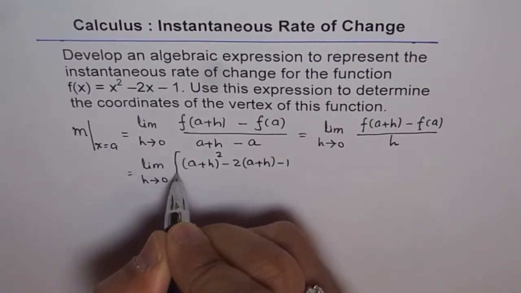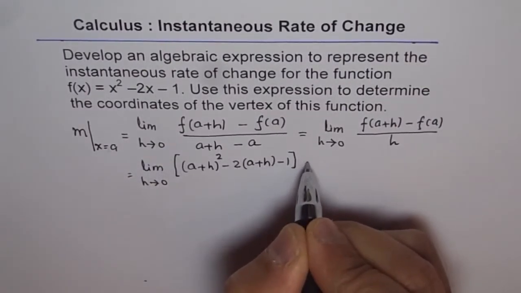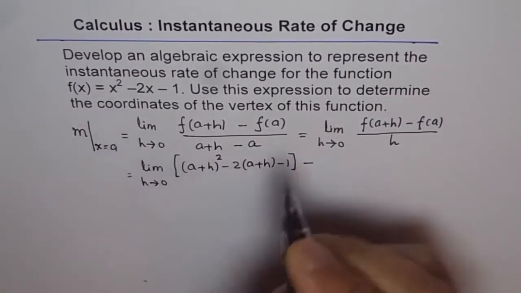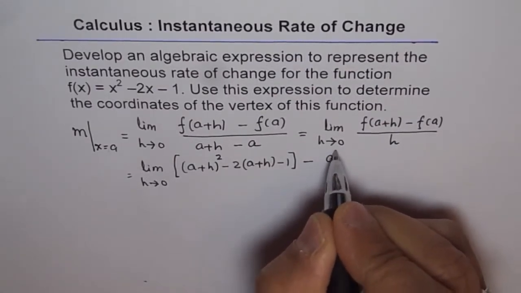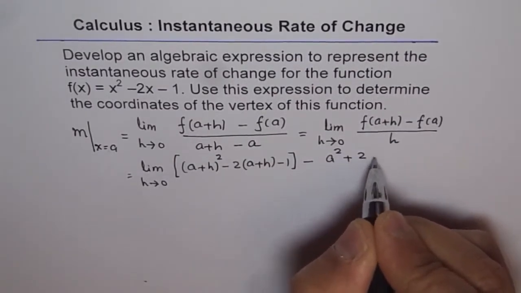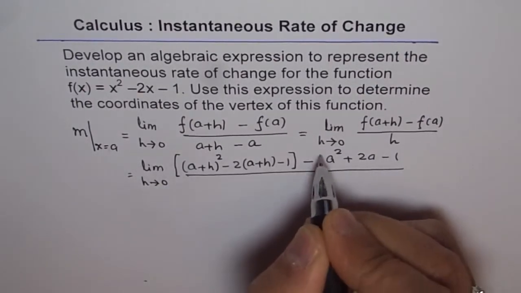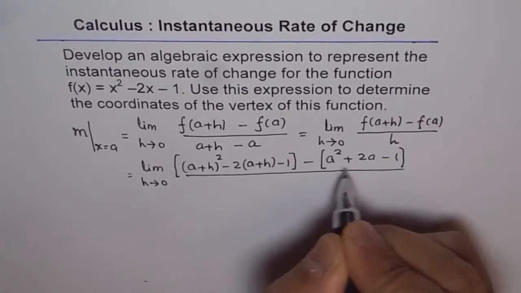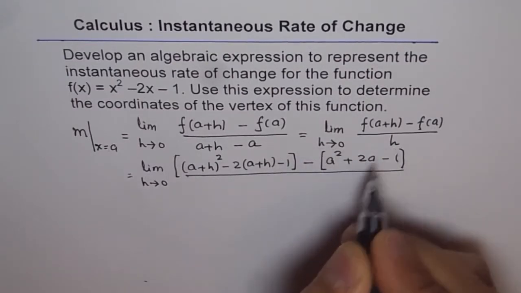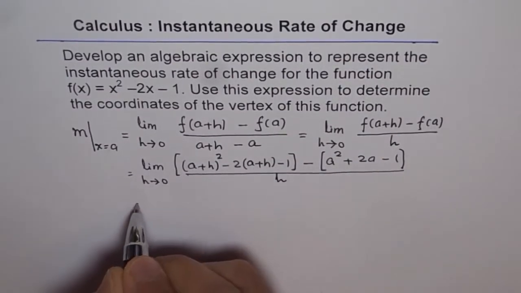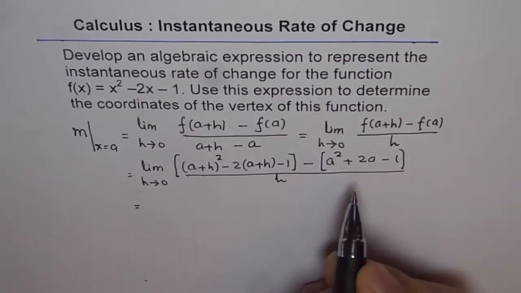So that is f of a plus h minus f of a, where we put a for x, which is a squared minus 2a minus 1, over, let me put that in brackets, right? Otherwise it will be wrong. Divided by h. Now let's simplify this numerator.